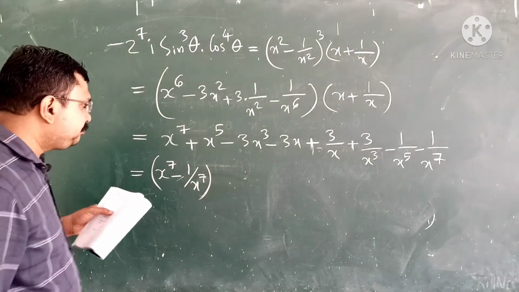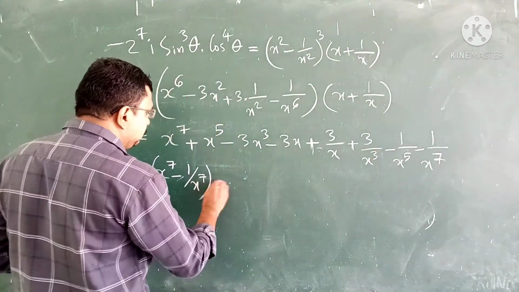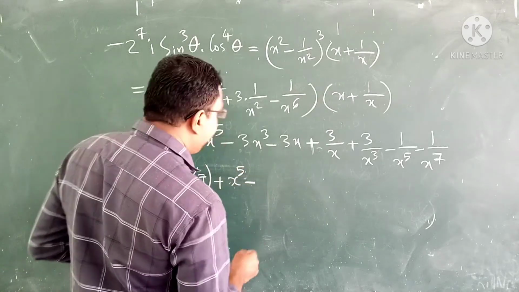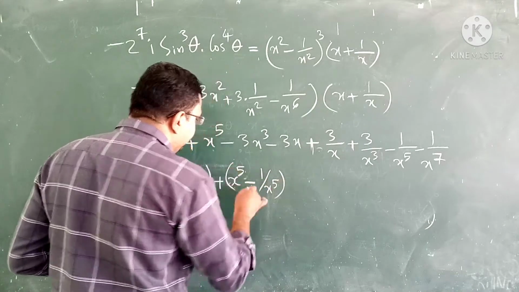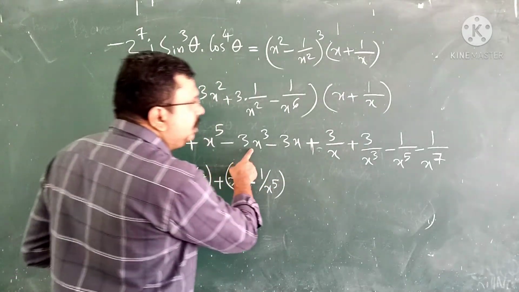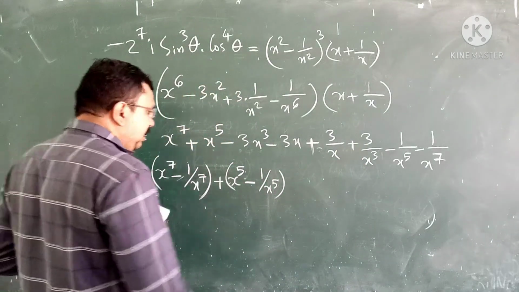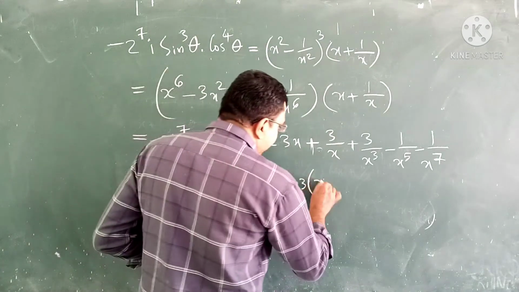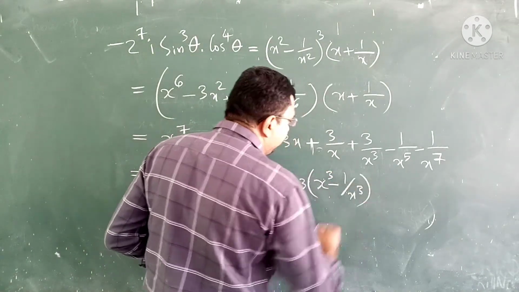Next one is x raised to 5 and minus 1 by x raised to 5, second term. Next, minus 3x cube, 3 by x cube. That is minus 3 into x cube minus 1 by x cube.